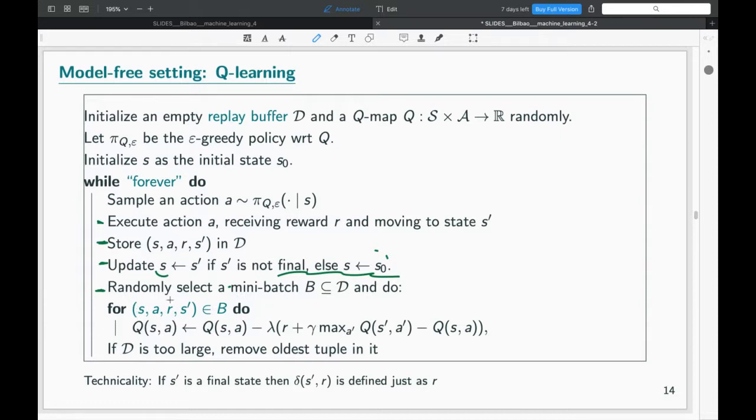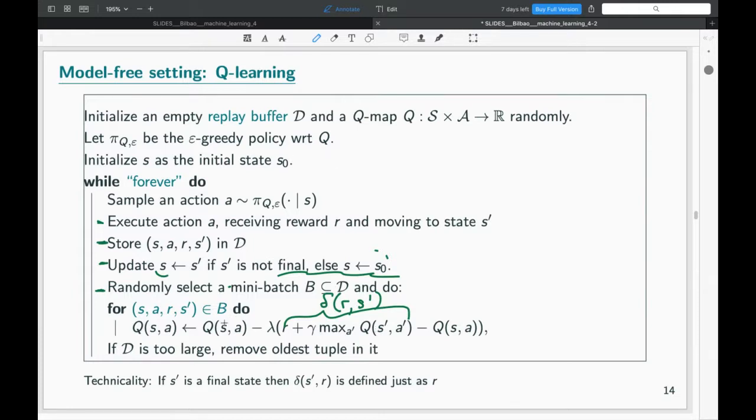And for each tuple in the mini batch, you update the Q value. If the tuple is (S, A, R, S prime), you update the value Q(S,A) according to the update rule. Remember that this is delta(R, S prime). So it's the update rule we saw before.